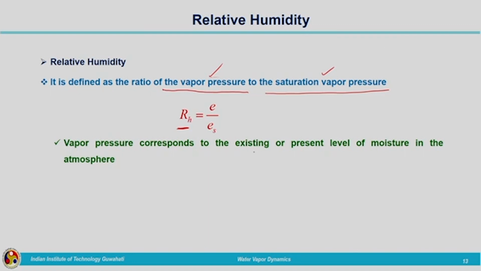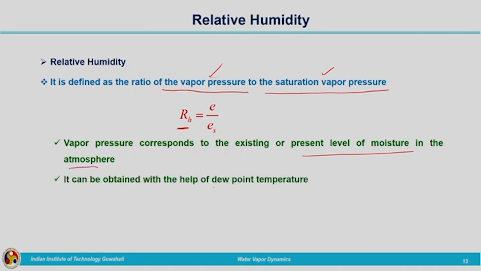Vapor pressure corresponds to the existing or present level of moisture in the atmosphere. How can we obtain that? We can make use of dew point temperature for getting the relative humidity. What is dew point temperature? That we will see in the next slide. So, relative humidity is the ratio of vapor pressure to the saturation vapor pressure.